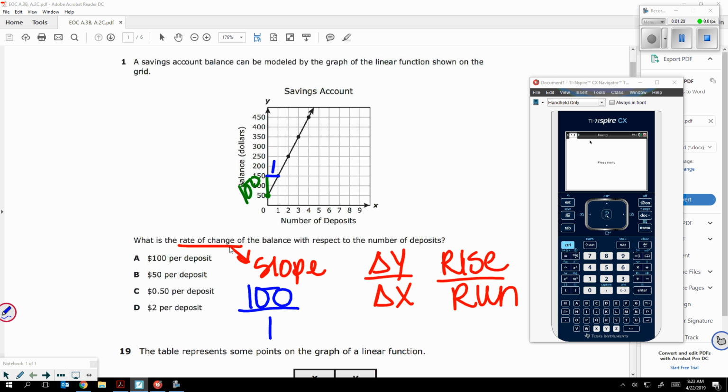So which one would be my answer? A. Good. Okay. Making sure that we're paying attention to our scale on the side.